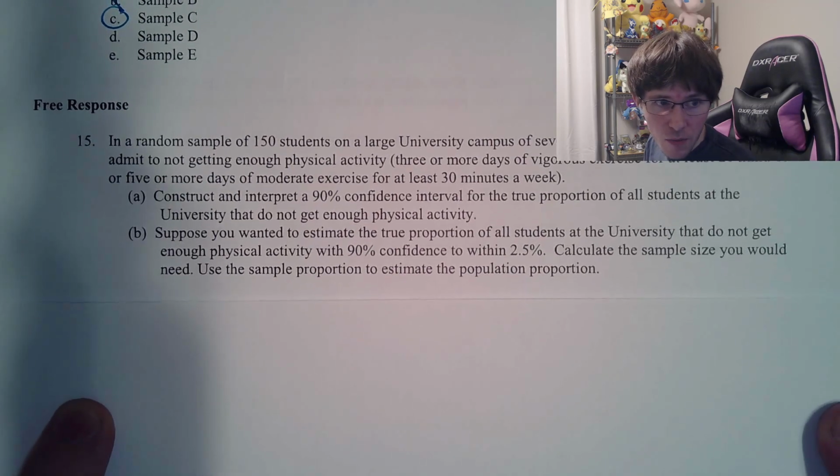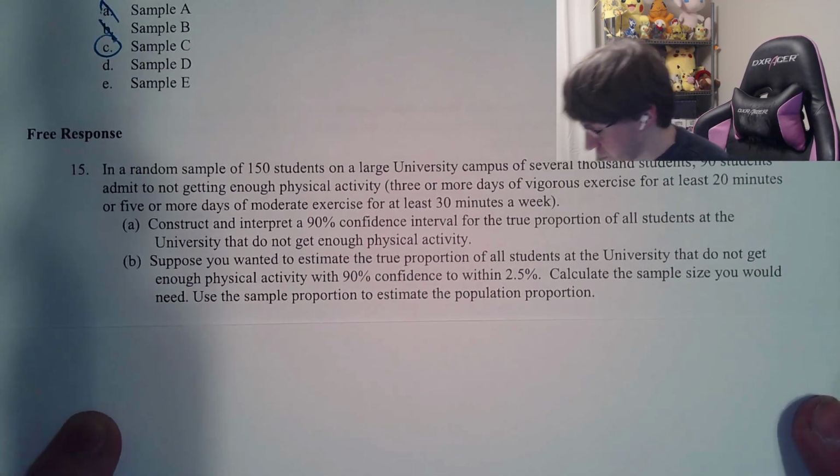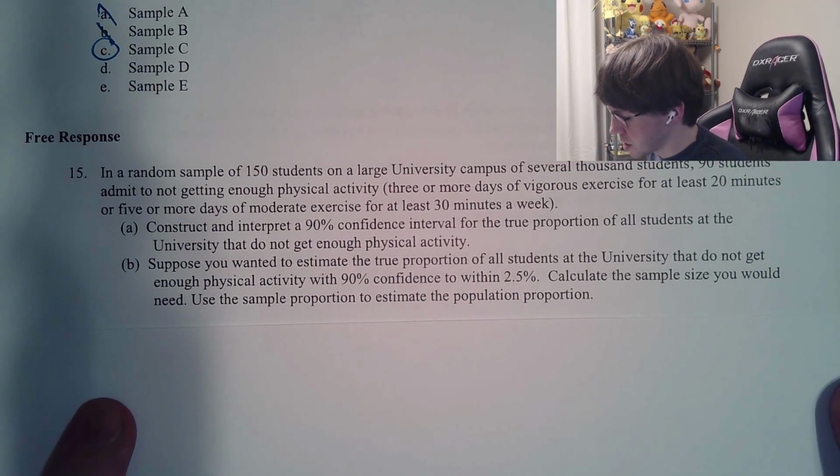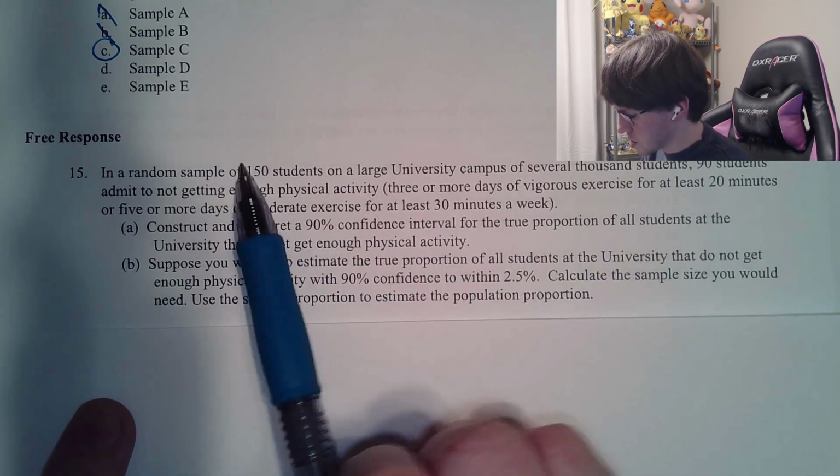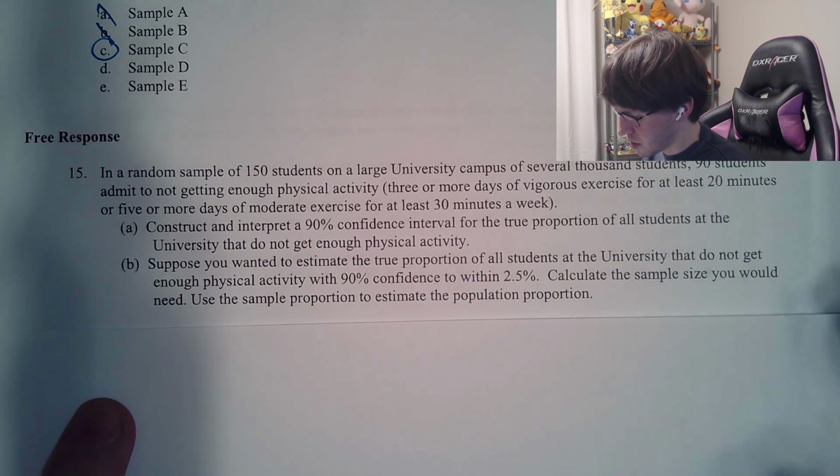Here we go. In a random sample of 150 students on a large university campus of several thousand students, 90 students admit to not getting enough physical activity, 3 or more days of vigorous exercise for at least 20 minutes, or 5 or more days of exercise for at least 30 minutes a week. We didn't need any of that information. So this is all useless stuff. 150 students, 90 students admit to not getting enough activity.